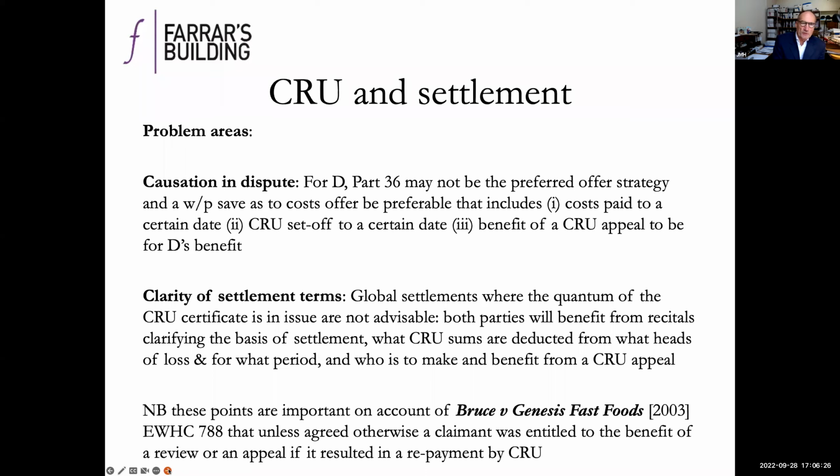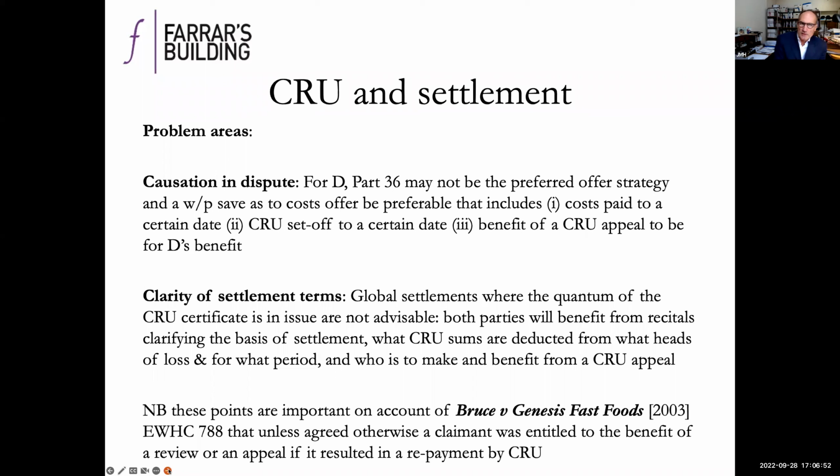It has to be the case that for defendants in certain circumstances, a Part 36 offer really doesn't provide the preferred strategy. It may be that it provided an offer strategy if a low Part 36 offer had been made at the very outset. Perhaps it doesn't subsequently as the case develops, as causation, for example, becomes increasingly an issue that is well evidenced.